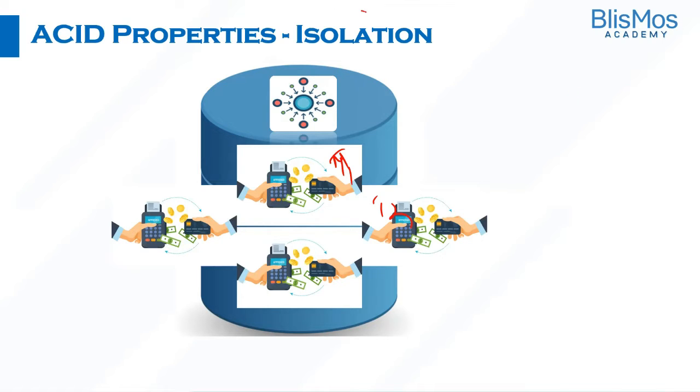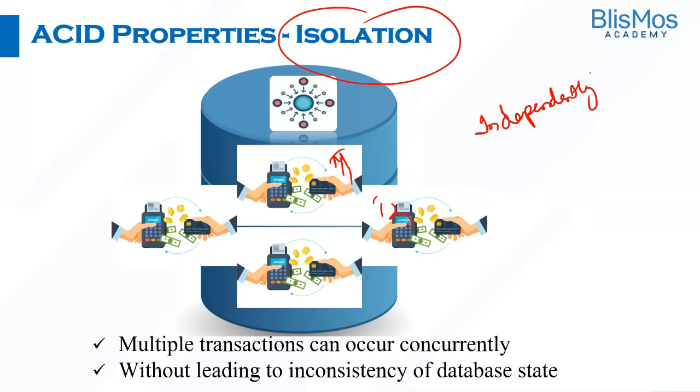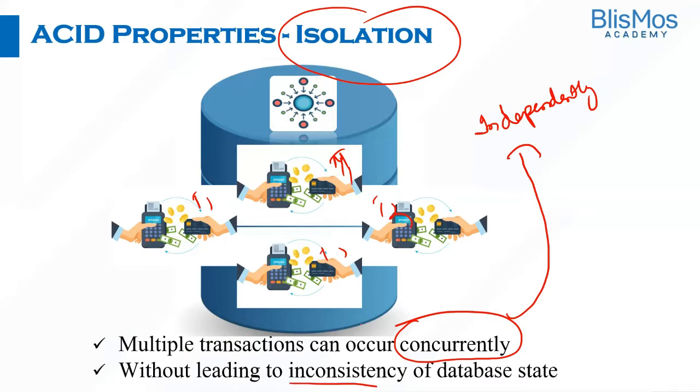So, the isolation property ensures that transactions can occur independently. Whenever we have multiple transactions occurring concurrently, these transactions should occur in an independent manner without leading to any inconsistency of the database state.